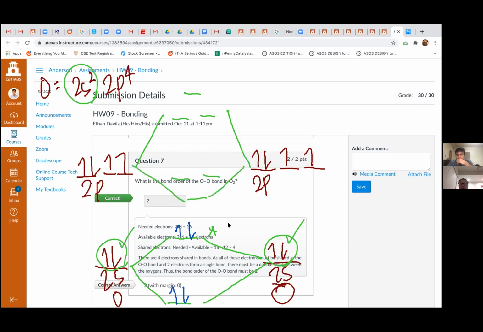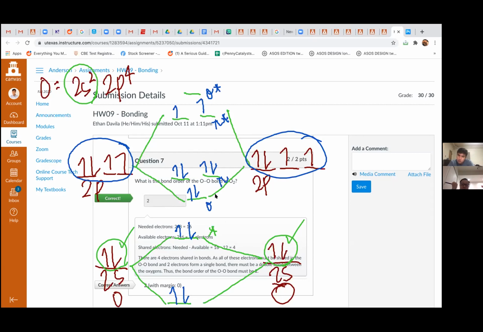Okay. So now you have sigma, pi, pi, antibonding pi, sigma antibonding, right? And how many do I have here? 4 plus 4, that's 8, right? So I do 1, 2, 3, 4, 5, 6, 7, 8. How do you know which ones to put on the top and which on the bottom?